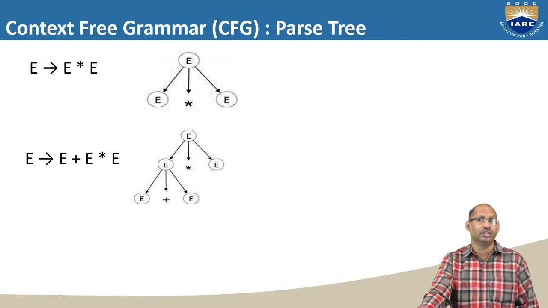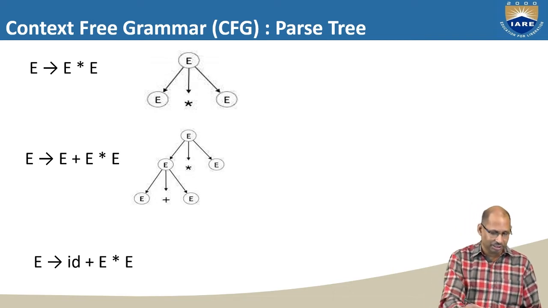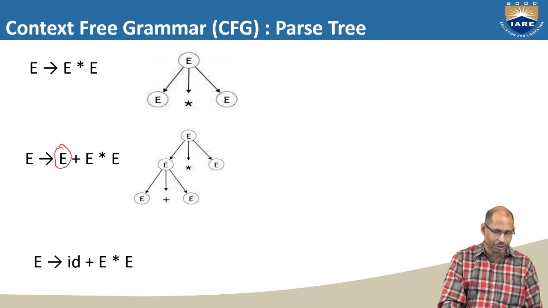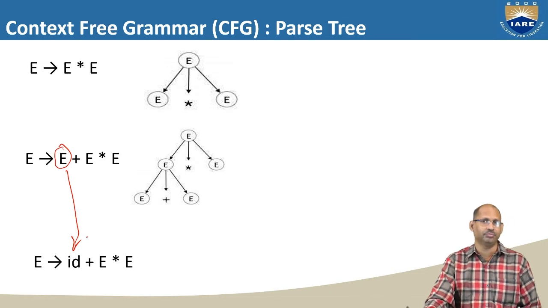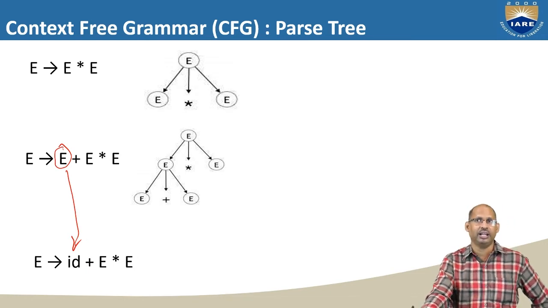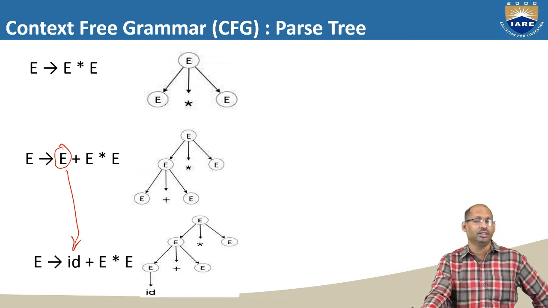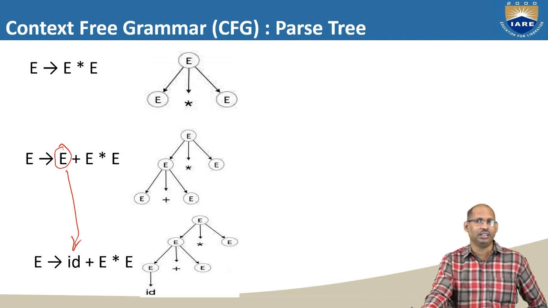Right? Now E gives E plus E. Then this is the left hand variable. By using the production, we are replacing E with ID. Right? We are replacing E with ID.